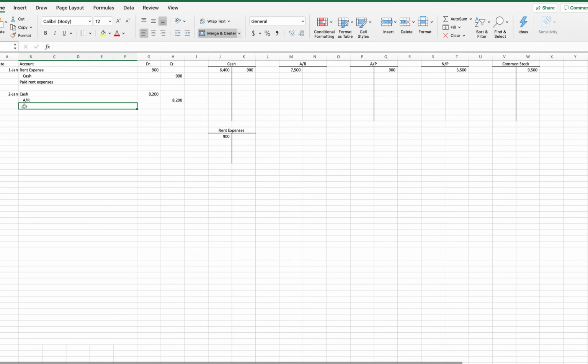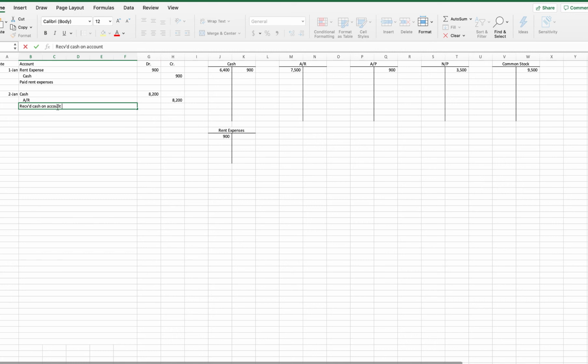We now need to say, what happened here? What's the explanation for this transaction? Well, received cash on account, right? Somebody owed us money. We booked it as a receivable that we're expecting cash. Well, guess what? That time has come and we are receiving the cash.